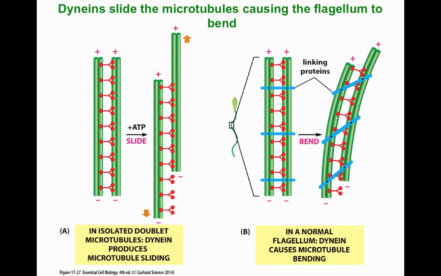In this case, because these two microtubules are not tethered to one another, one microtubule will be displaced to the bottom and the other microtubule will be displaced to the top. And this is where the nexin molecules come into play.